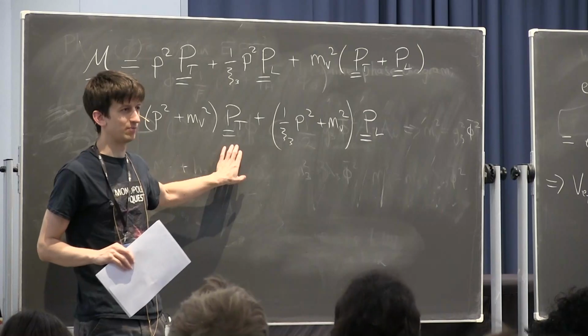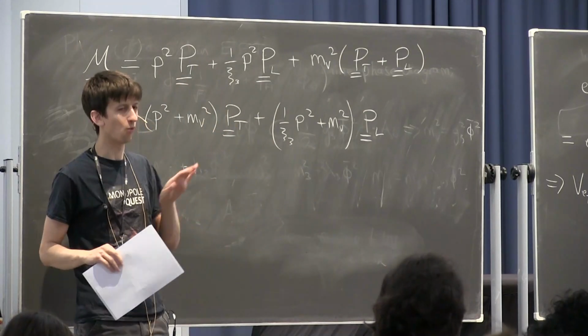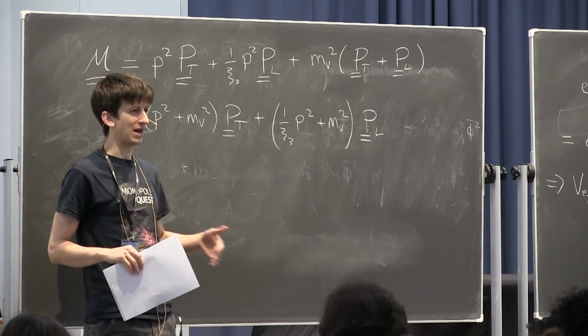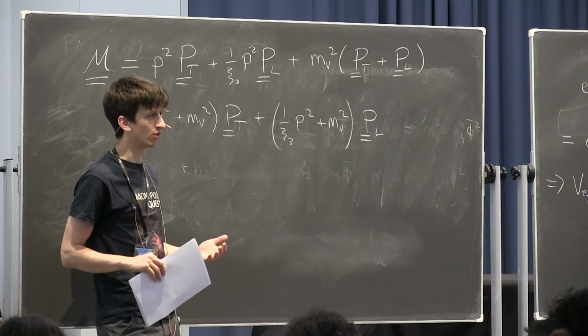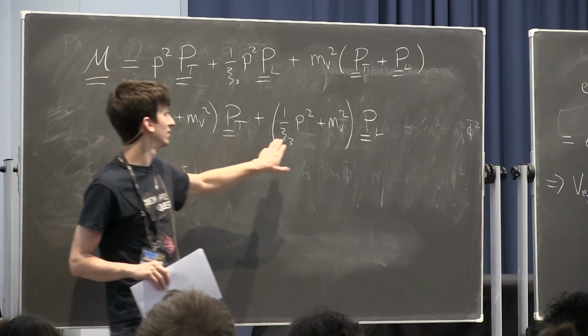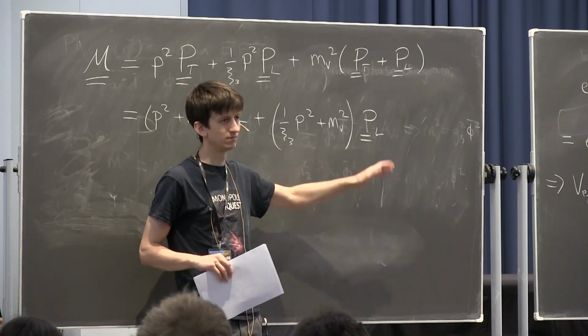And these matrices, being projection operators, must have eigenvalues either 0 or 1, because if you square them they give themselves back, and the only way you can do that is if you have eigenvalues 0 or 1. This one has two eigenvalues 1 and one eigenvalue 0, and this one has one eigenvalue 1 and two eigenvalues 0.